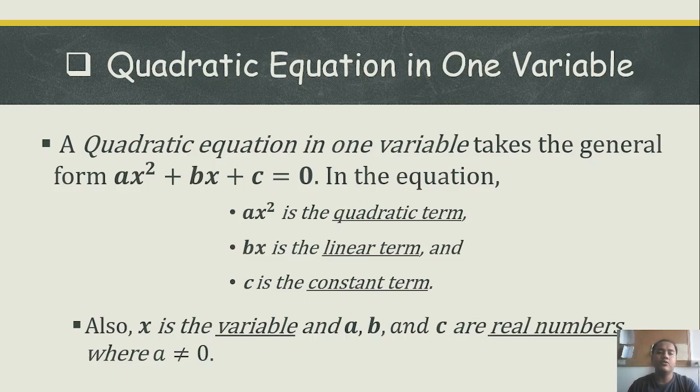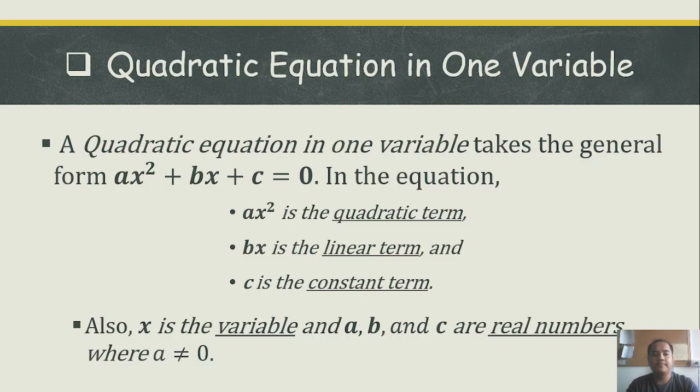Kasi yung quadratic term natin is ax squared, siya yung rason bakit siya tinawag na quadratic equation kasi nasa sa kanya yung highest exponent na 2. Kung yung a natin maging equal to 0, kung 0 times x squared, magiging 0 siya, mawawala si quadratic term. So, hindi na siya pwedeng matawag na quadratic equation.